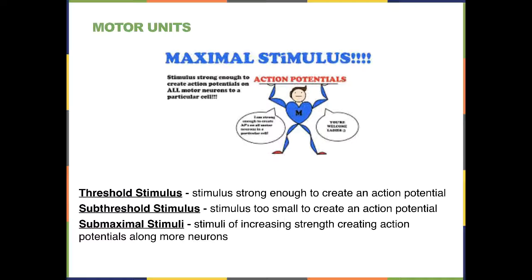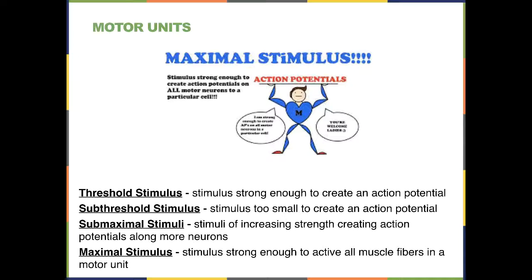A submaximal stimulus is a stimulus that causes increasing strength and causes reaction in more and more neurons and their associated muscle fibers. And then, as this picture shows, a maximal stimulus is a stimulus strong enough to activate all the muscle fibers in a motor unit.